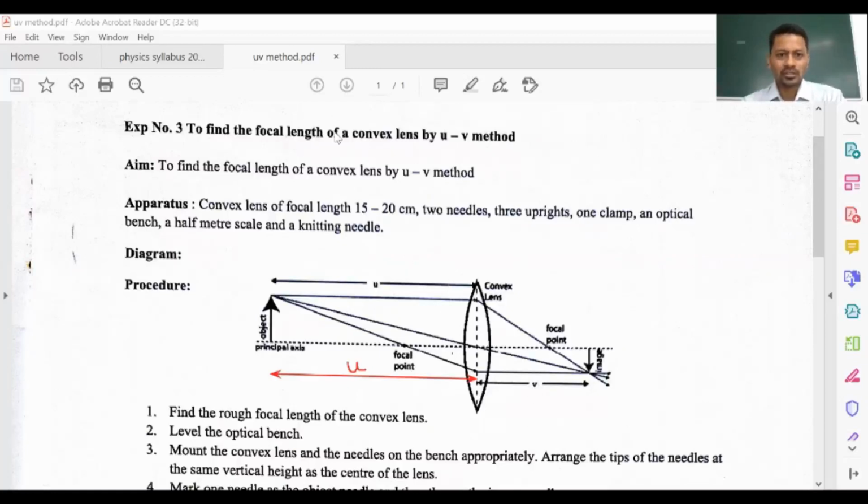Can you see that this is V? So for different values of U, we have to find different values of V. How are we doing it? That I have already explained to you.